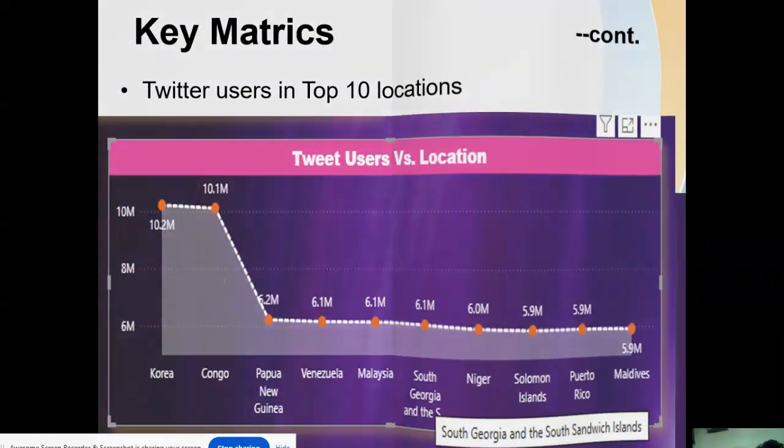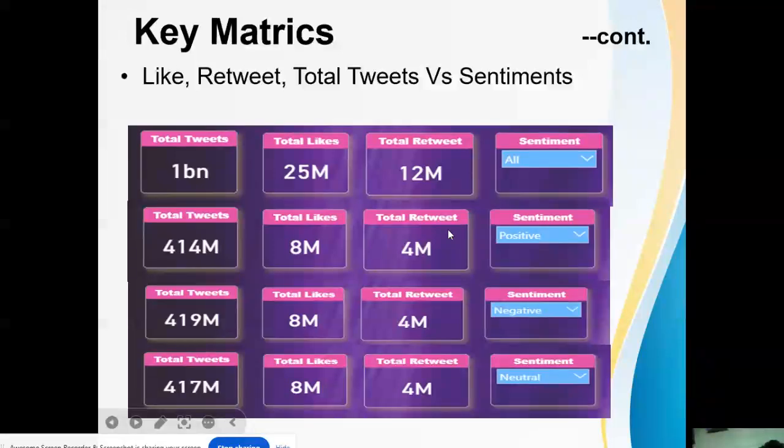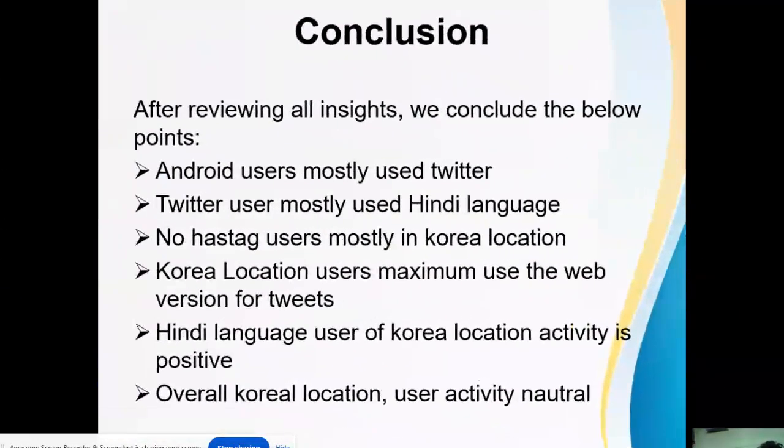And from the entire visualization, from the entire report, we have concluded a few points. There is also the timing version. I have already shown the main diagram. Let's go to the conclusion part.